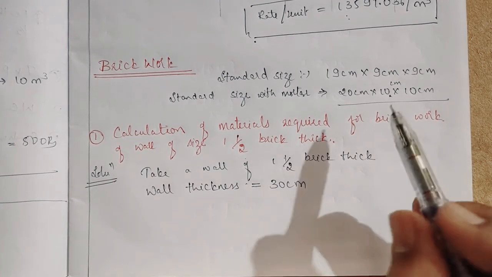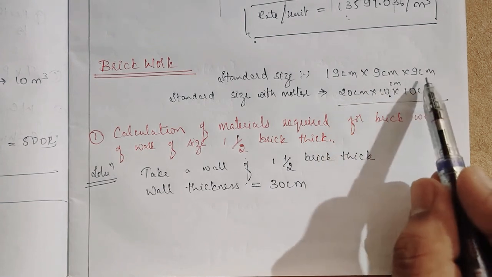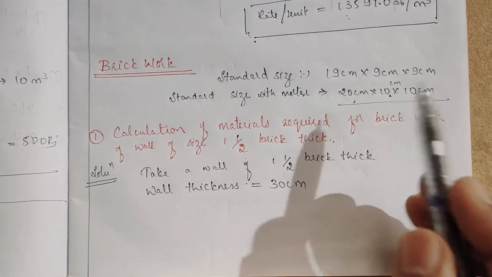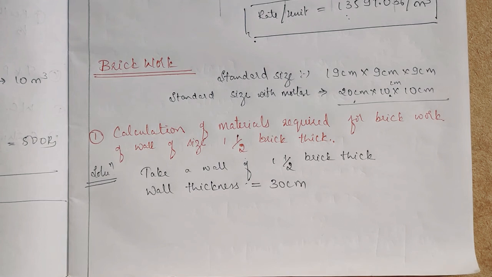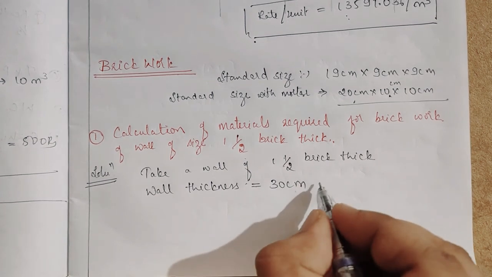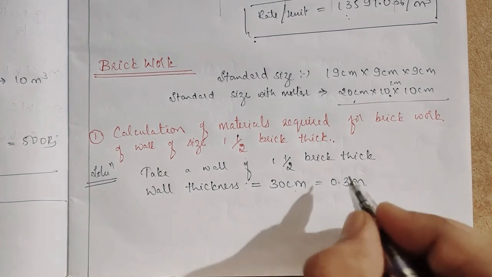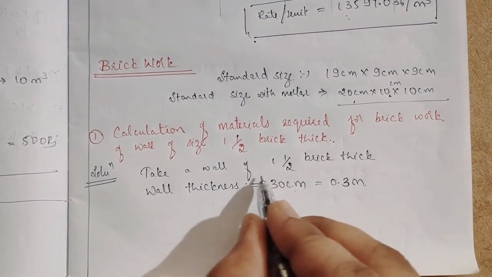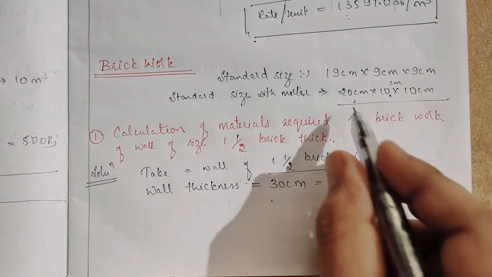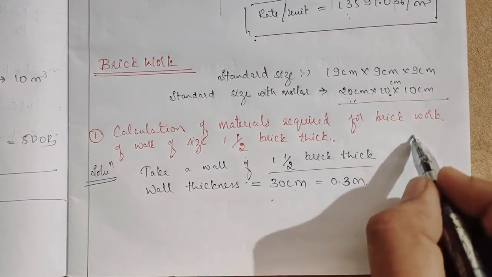Because a standard brick is 20, so 20 plus another half, 10, it will be 30 centimeter. So it will be 0.3 meter. So 1.5 brick thick means 30 centimeter, that is 20 plus 10.